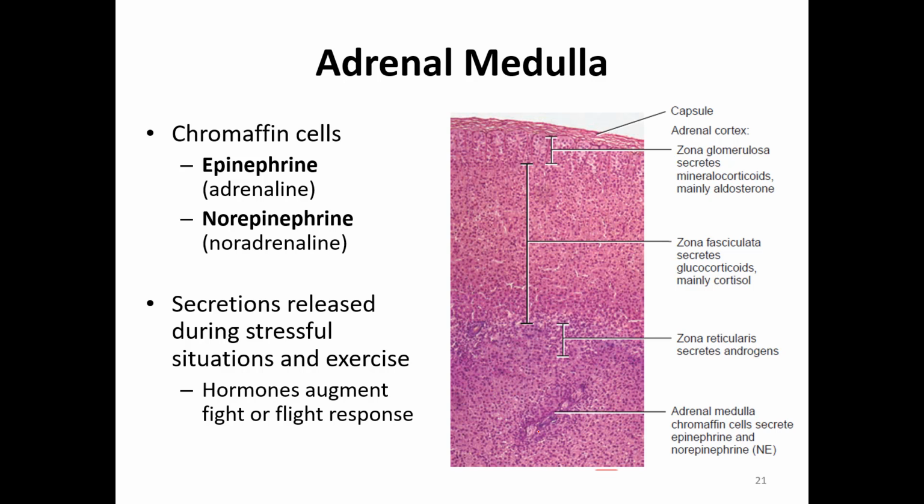So it looks lighter under the microscope because it's not as densely packed with cells. Usually I tell students to look for gaps or holes in the tissue for the adrenal medulla, and you can orient yourself with the spread of the regions of the cortex and then the medulla within the gland itself.